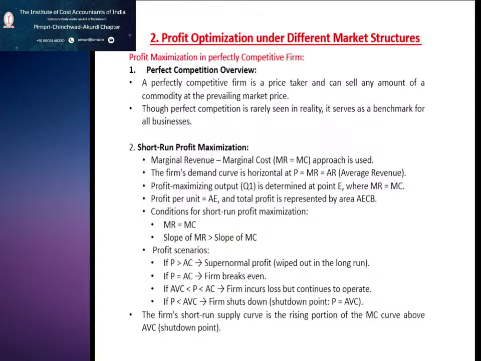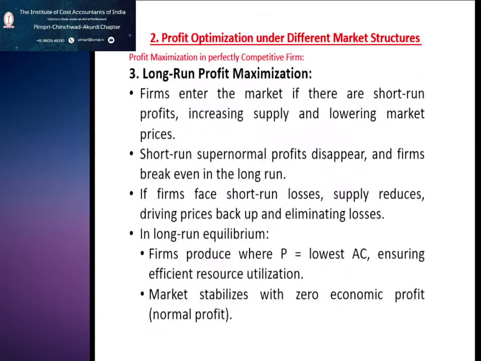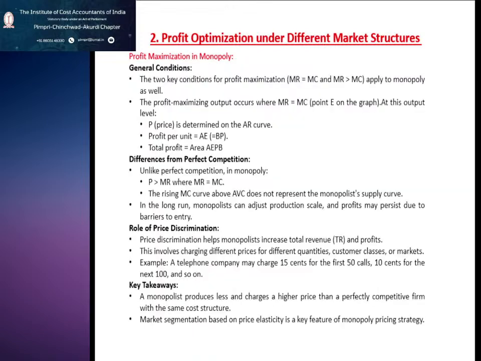Then we saw profit maximization in a perfectly competitive firm. We saw the perfect competition overview, then the short run profit maximization and long run profit maximization. Profit maximization in monopoly also we saw, the general conditions prevailing in it.